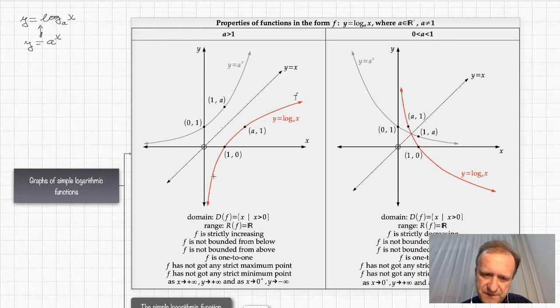Now, if you look at this function, logarithm in base a of x, you see that it's increasing, it's strictly increasing.